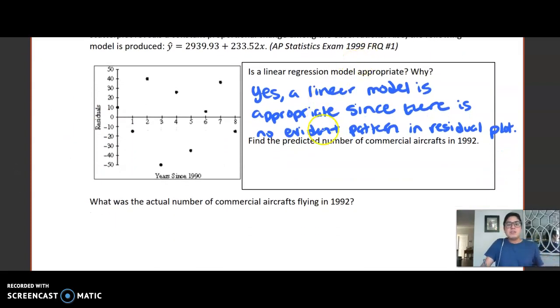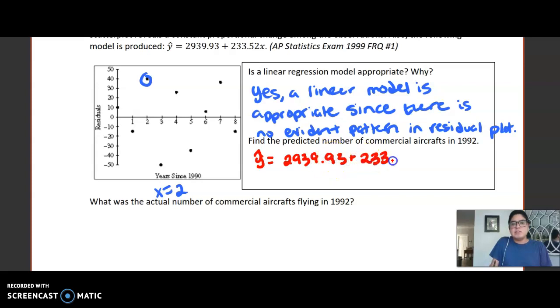Now let's find the predicted number of aircrafts in 1992. So that would be 2 years from 1990. So there x is going to equal 2. So let's go ahead and I'll change up colors here. So y hat is going to equal 2939.93 plus 233.52 times 2.